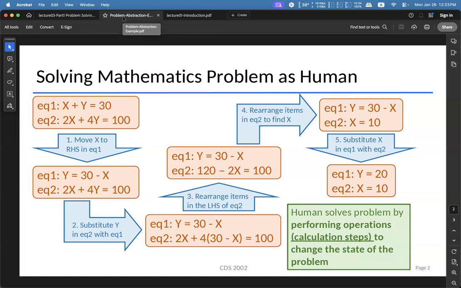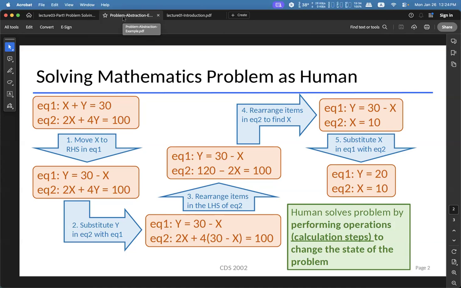As you can see, when we solve these problems the way secondary school students do, we are doing operations on the symbols we created in the first place.